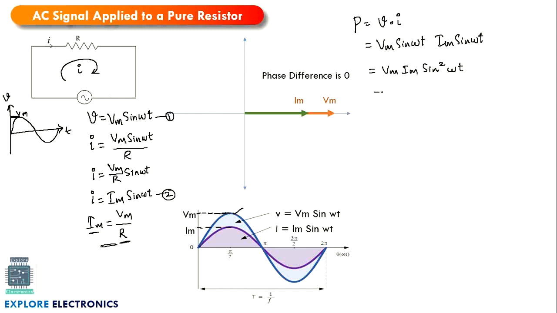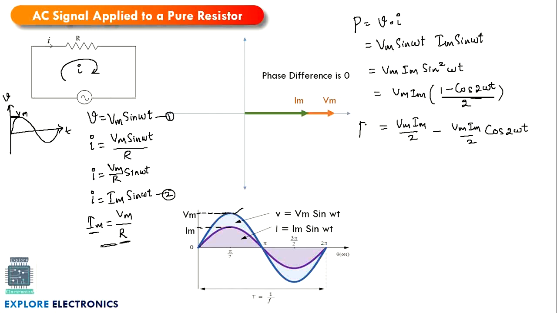I can write sin² ωt as Vm Im into (1 minus cos 2ωt) divided by 2. Just multiply these out: Vm Im divided by 2, minus Vm Im divided by 2 times cos 2ωt. This is the instantaneous power, or AC power.